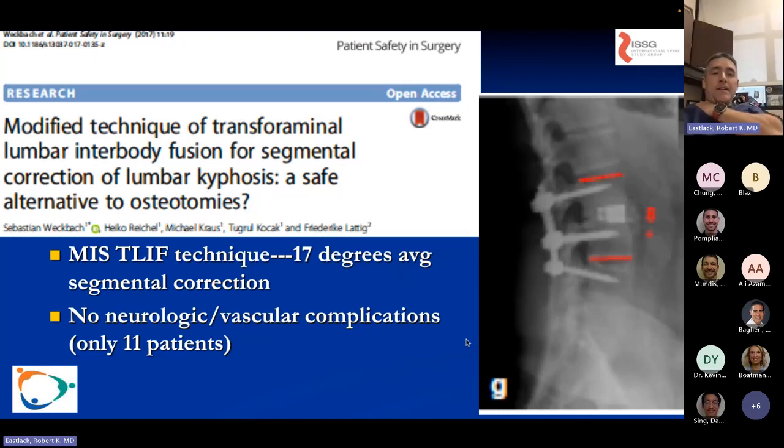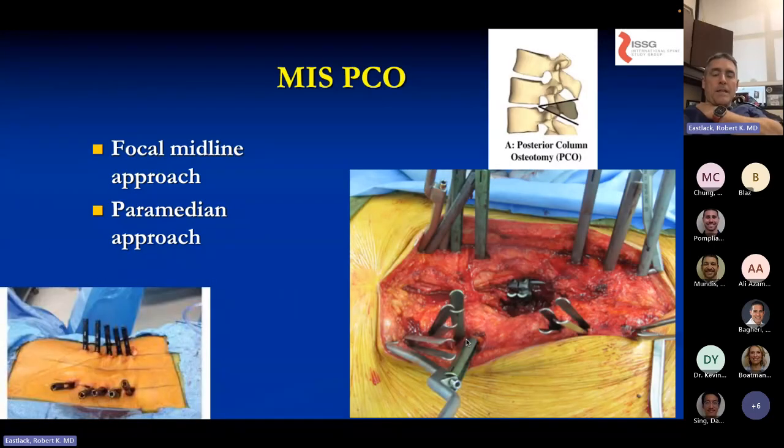The MIS TLIF technique that was described in a similar fashion showed about 17-degree average segmental correction. So, this has to be reproduced in my mind in multiple studies, probably to be broadly adopted.